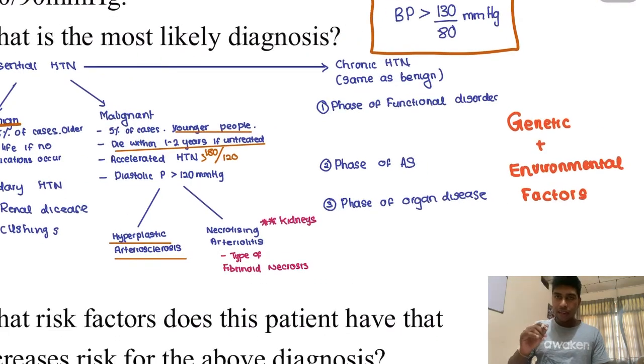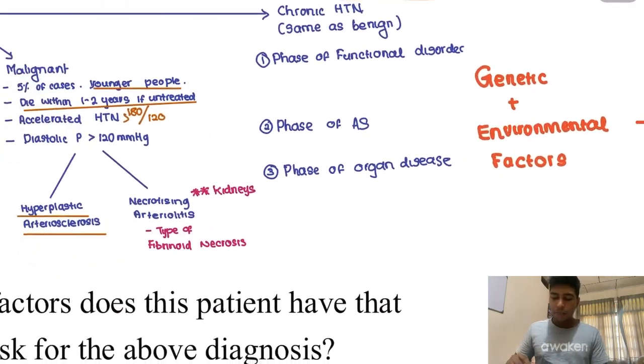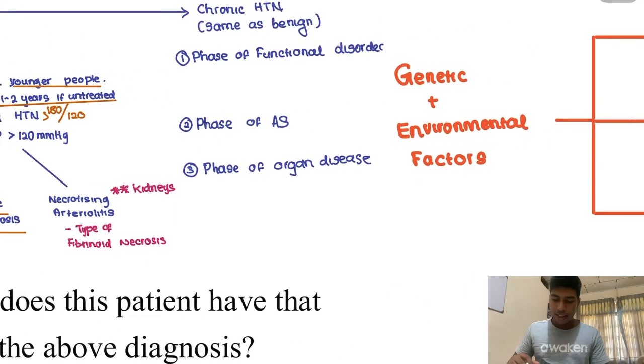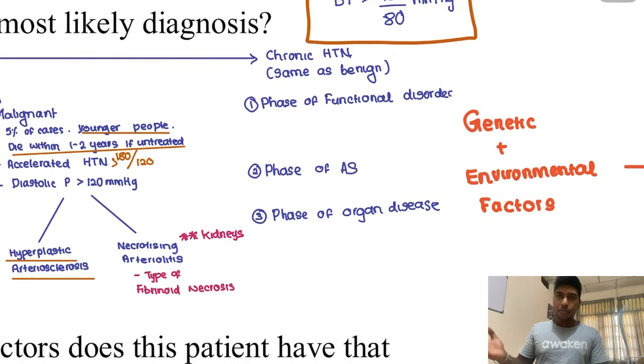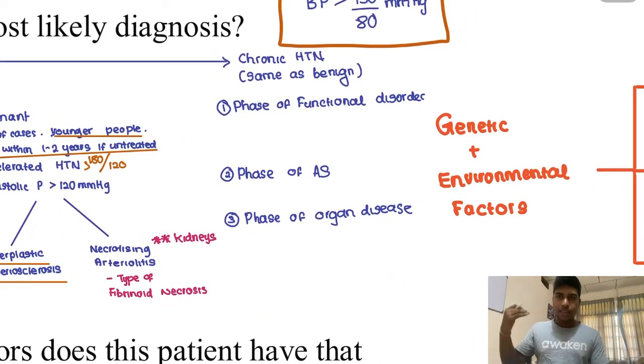There's accelerated hypertension. So very quickly the blood pressure has gone up to 180 by 120, more than that, 200, 210, and so on. You need to find the underlying cause. Maybe there's some renal problem where the kidneys are failing, so the volume that has to be excreted is still in blood.